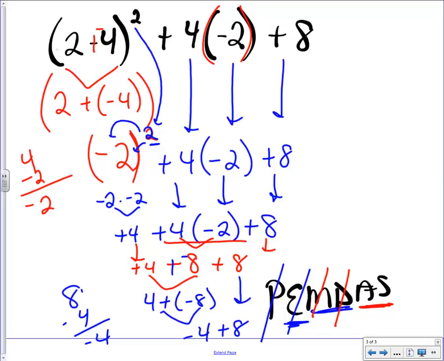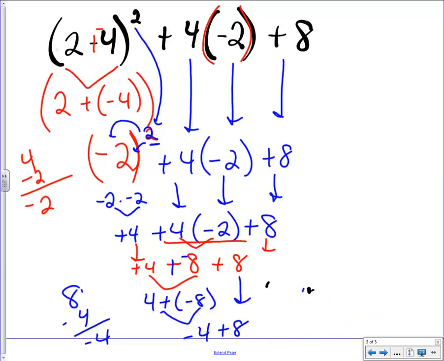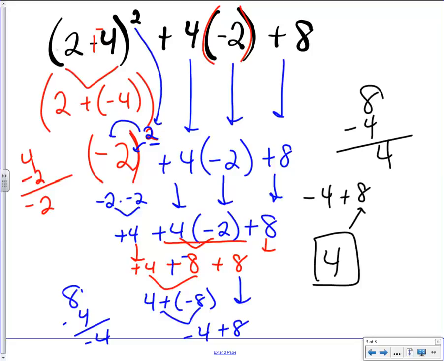Now I'm finishing that last step of the add and subtract step, so I'm going to write this piece over here. I have -4 plus 8. This is an addition problem, so I look at the signs. The signs are different, so I subtract and take the sign of the bigger number. The bigger number is 8, so this is a +4 final answer.